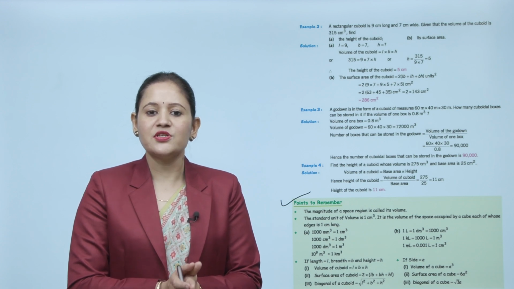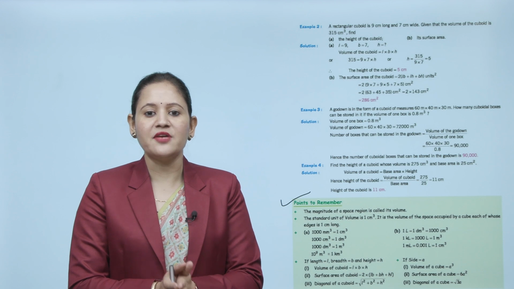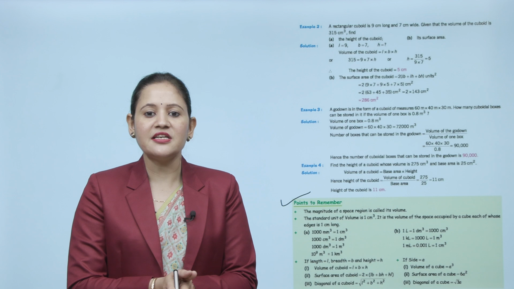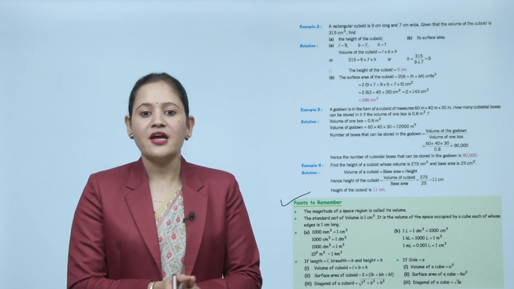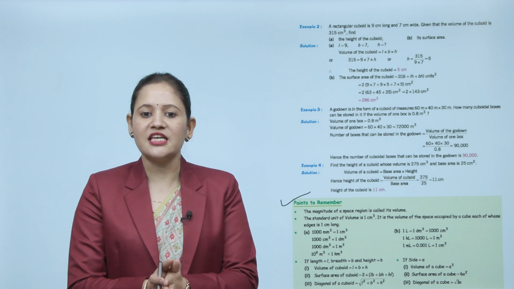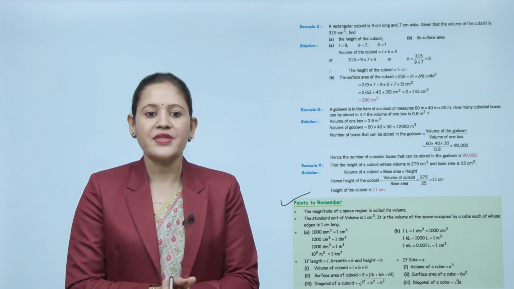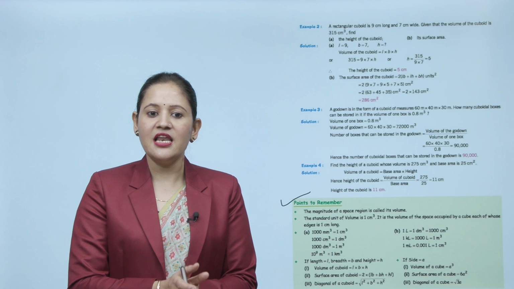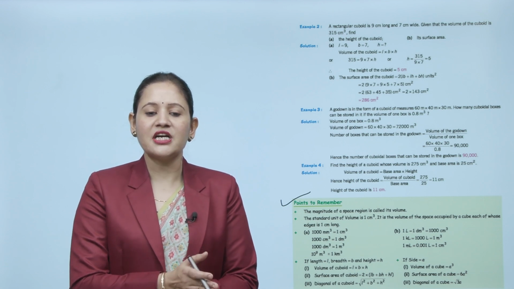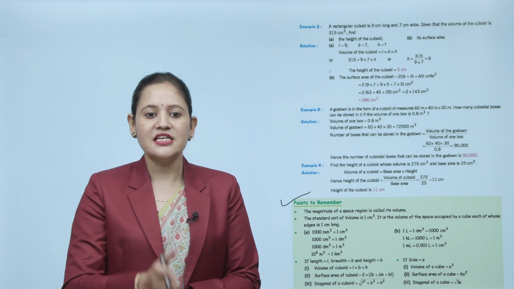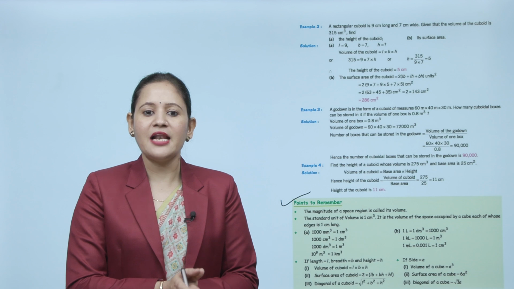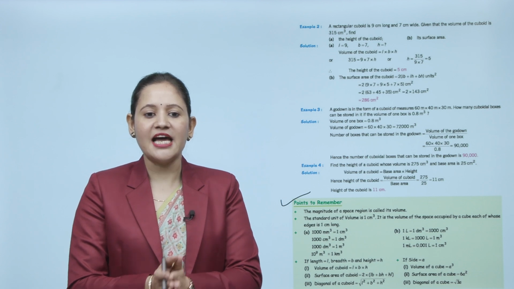1 liter equals 1 decimeter cube equals 1000 centimeter cube. 1 kiloliter equals 1000 liter equals 1 meter cube. 1 milliliter equals 0.001 liter equals 1 centimeter cube. If length is L, breadth B and height H, then volume of cuboid is L into B into H. Surface area of cuboid is 2 multiplied by (LB plus BH plus HL).